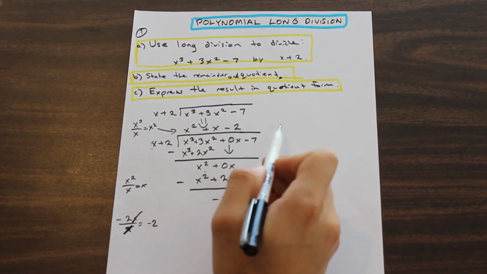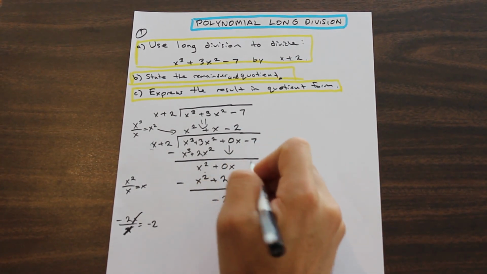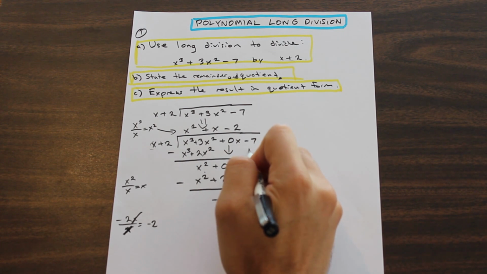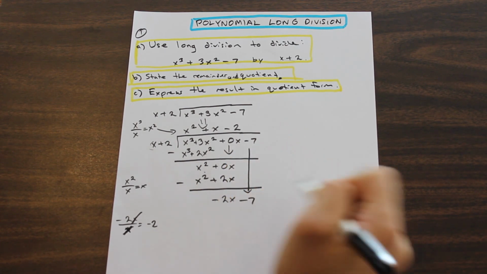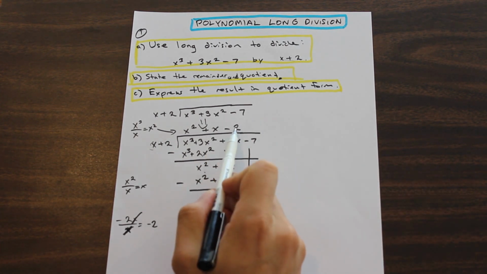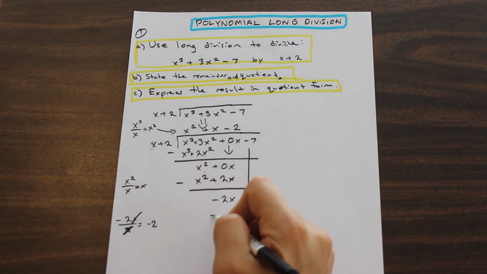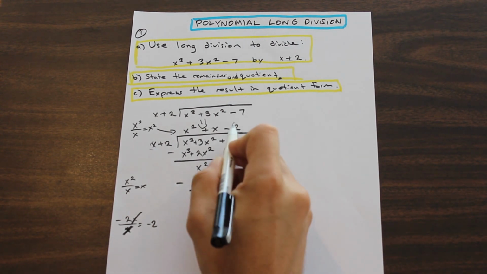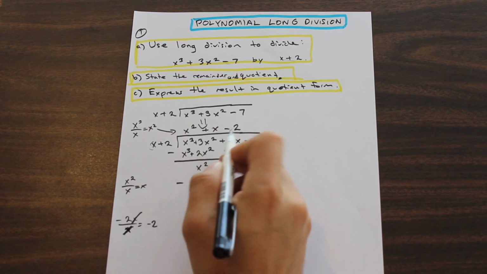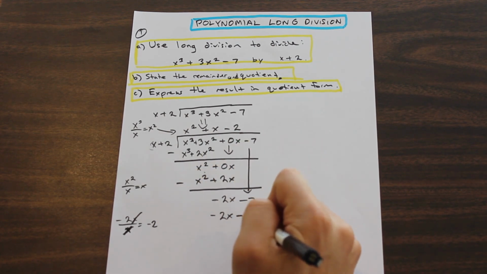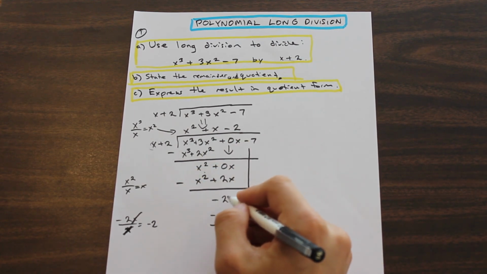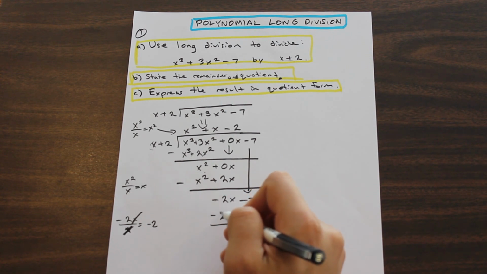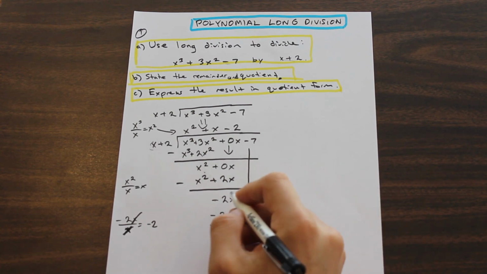Once again, same thing: multiply. Sorry, I forgot to bring down this negative 7 here, so let's do that first. Negative 2 times x is negative 2x, and negative 2 times 2 is negative 4. Negative 2x minus negative 2x is 0.